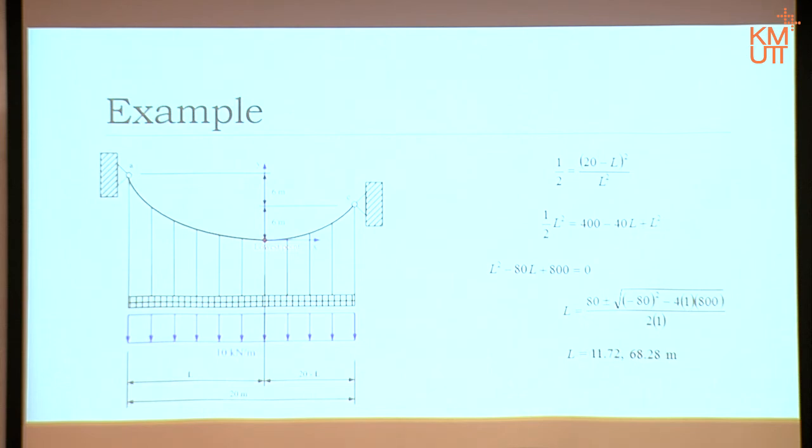Now the question is, we have two values. Which value do we use, 11.72 or 68.28? Why? Because it is inside the range. Our L is measured from A, correct? If it's 68, it's somewhere here. If it's minus, it's somewhere there.